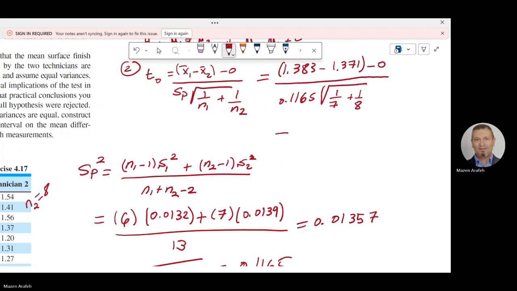Now the test statistic you have is 0.19.